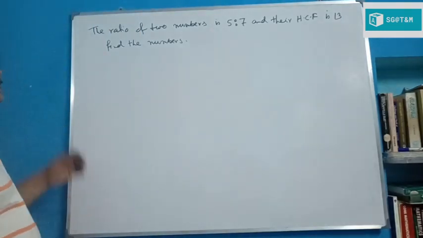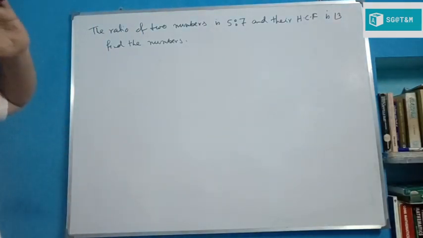Next, here is written one question. The ratio of two numbers is 5:7 and their HCF is 13. Find the numbers. If we use algebra, then it is very easy.